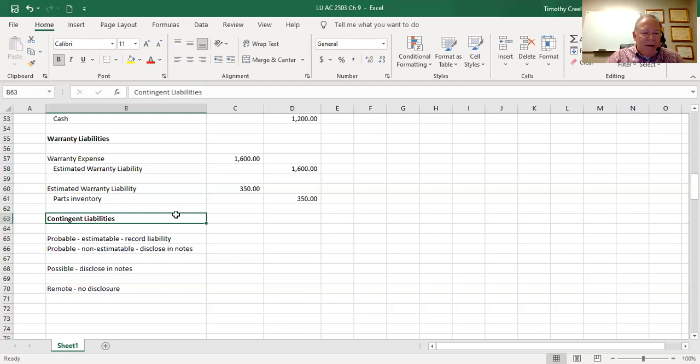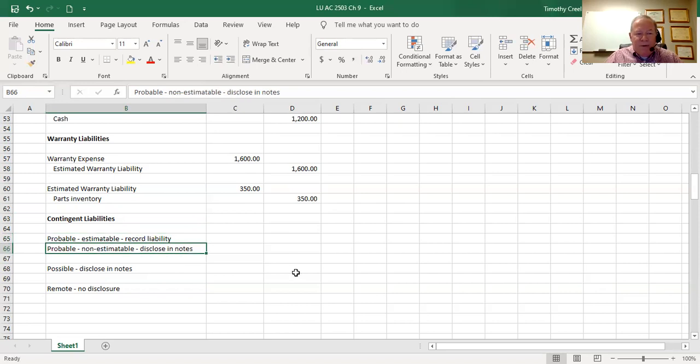So in the case of a contingent liability, if it's probable and the amount of loss can be estimated, then the company would need to record that estimated liability on their books. It would be something like estimated lawsuit expense, debit, and then a credit for estimated liability, something of that nature.